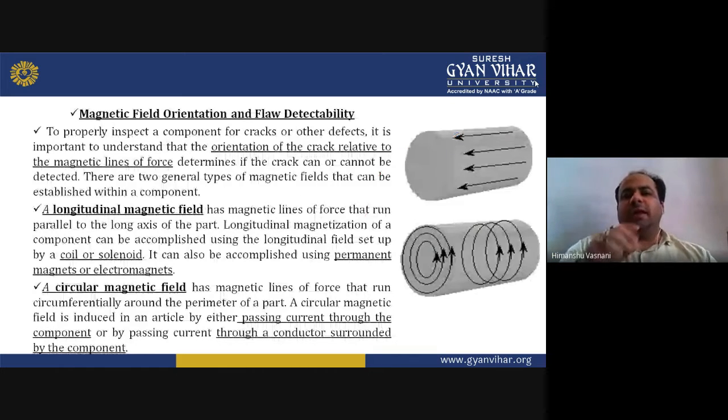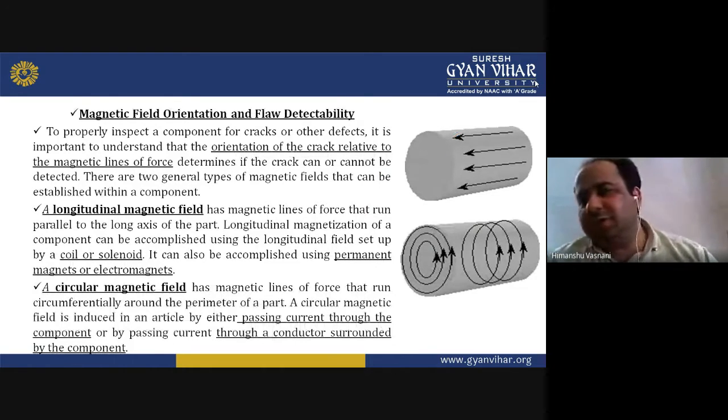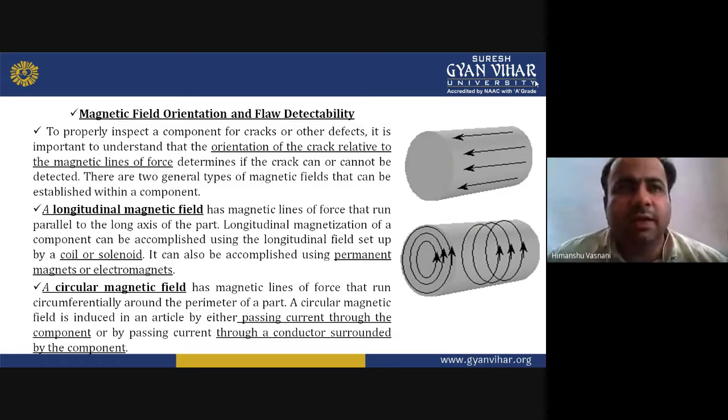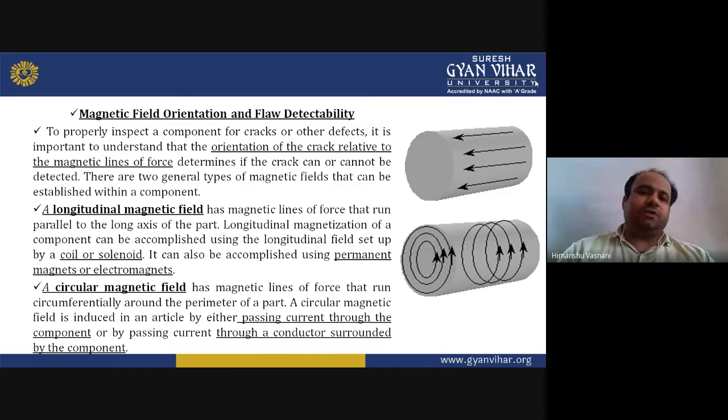So now the magnetic field orientation and flaw detectability. The whole purpose of NDT techniques like visual inspection, liquid penetrant testing, radiographic inspection, ultrasonic testing and eddy current testing is flaw detection.